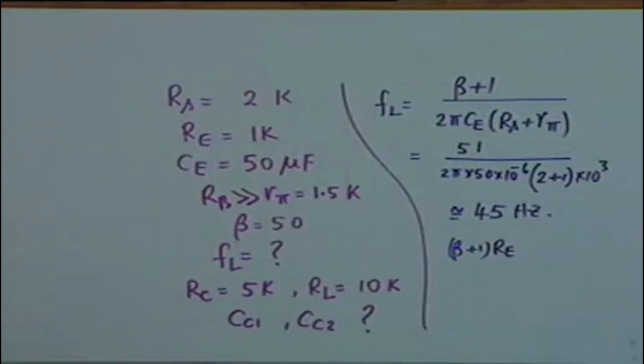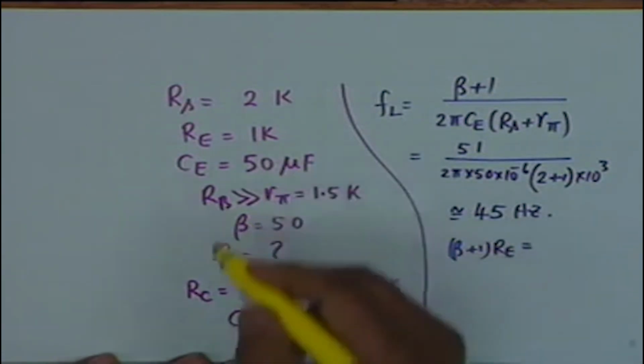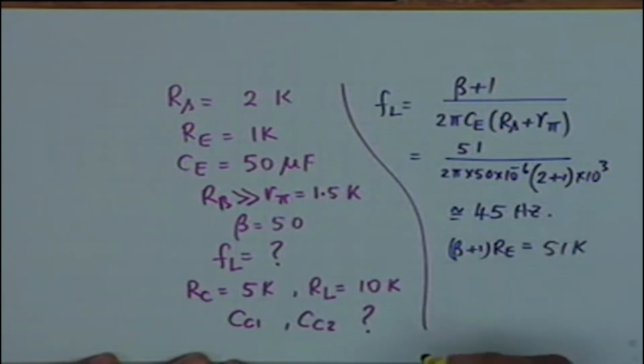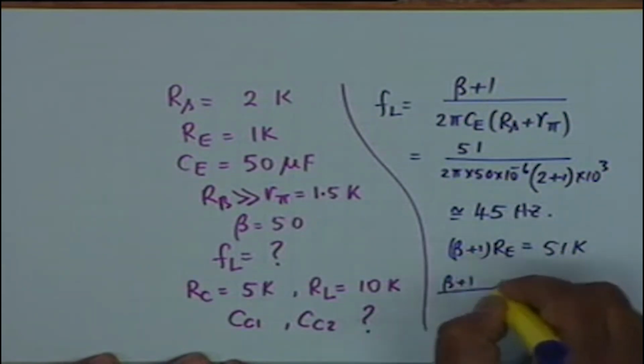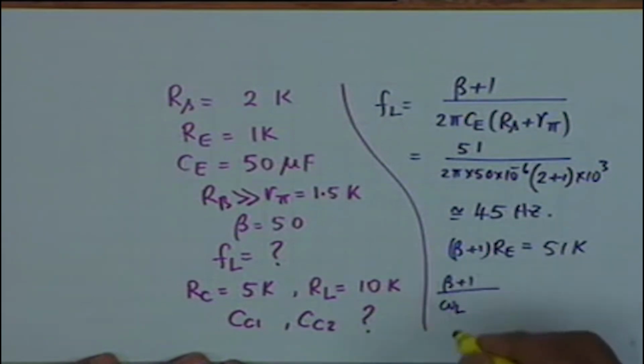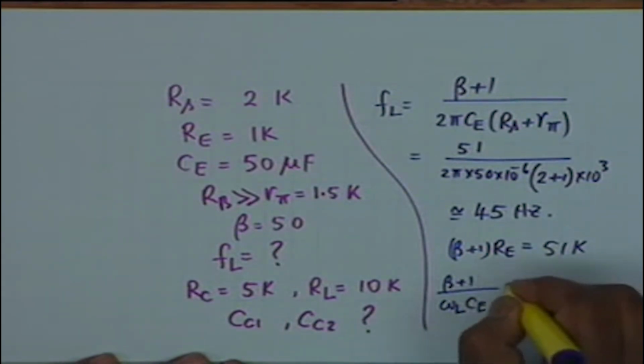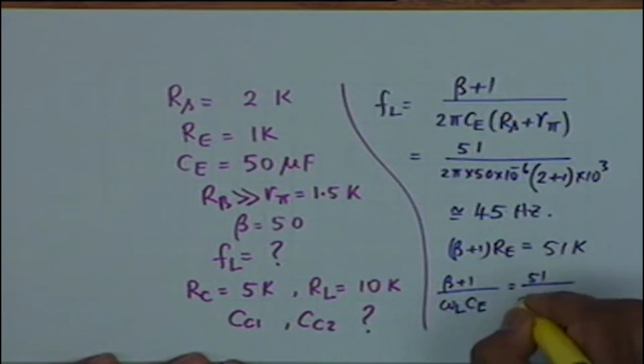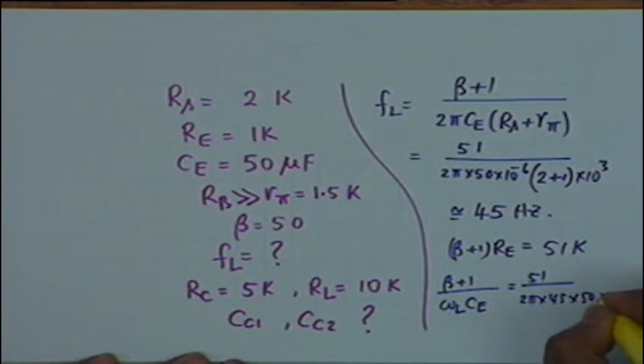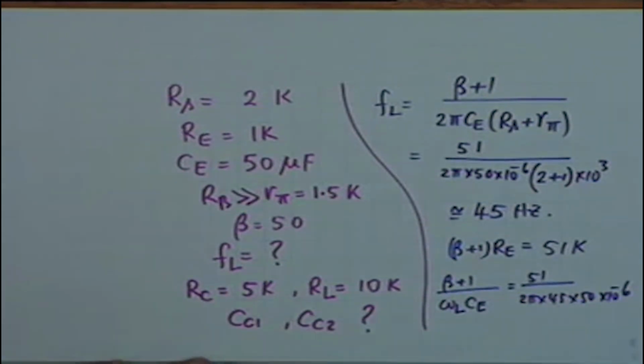FL is 45 Hz. Now beta plus 1 RE, if you recall, we had ignored compared to the impedance of the capacitor. Beta plus 1 RE is how much here? 51 times RE is 1K, so 51K. And (beta plus 1) divided by omega L CE is 51 divided by 2 pi times 45 times 50 into 10 to the minus 6.